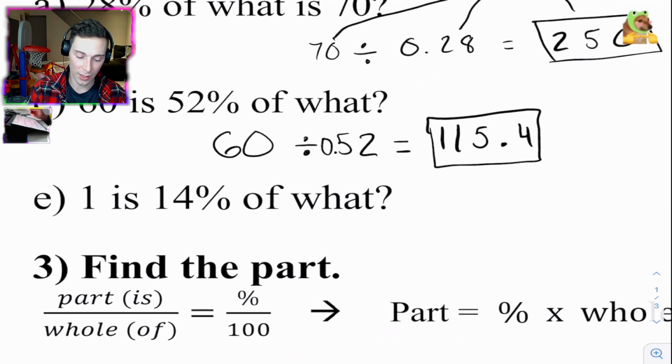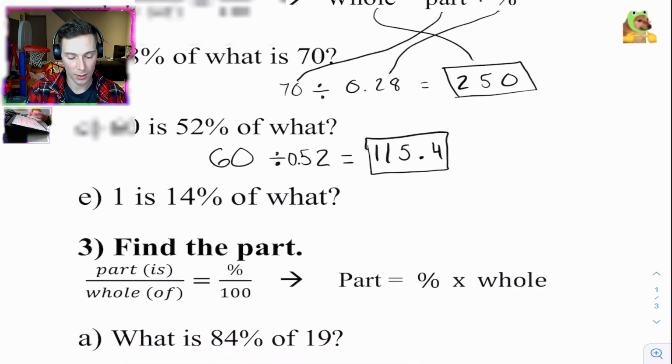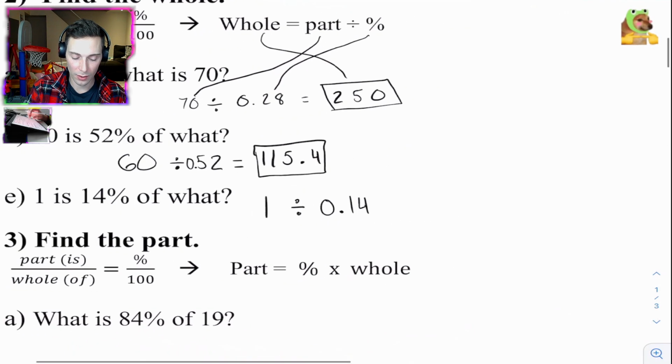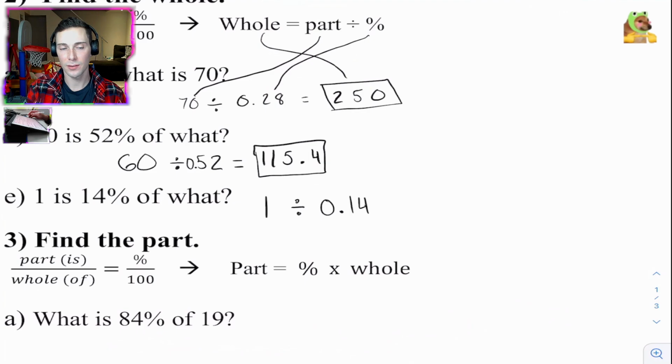1 is 14% of what? Interesting. 14% is 0.14. I'm wondering if my mental strategy would be applicable here.